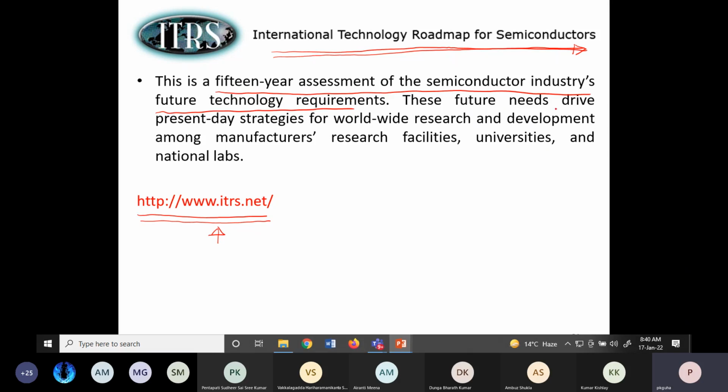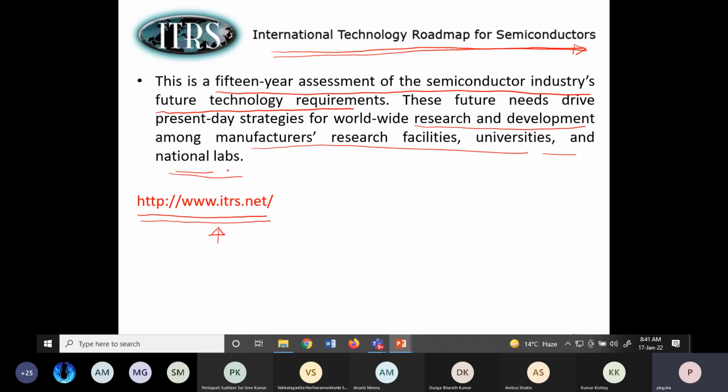So these future needs drive present day strategies of the worldwide research and development. Their forecast basically talked about what is the present status, what will happen in 15 years down the line, and how to go about it. What are the strategies the worldwide research and development in industries and also in academia, universities and national and international labs, should follow, and so on.